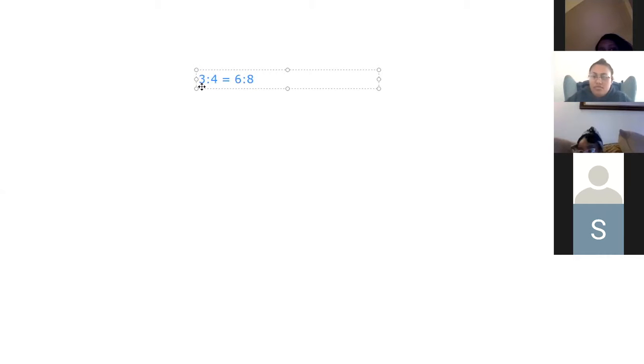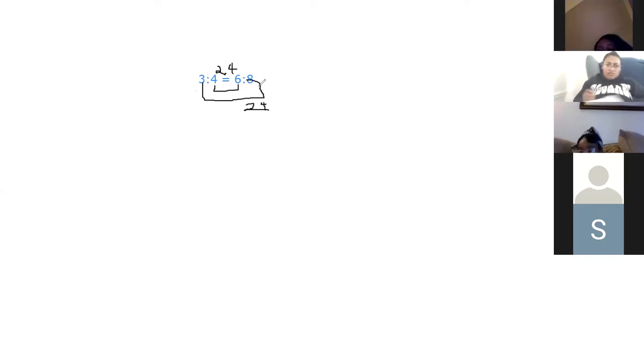And how you can verify that is we're going to multiply our inners and outers. The inside, 4 times 6 is 24. And your 2 outside numbers, 8 times 3 is 24. That way we know our ratio is right because it's the same number both ways, right?